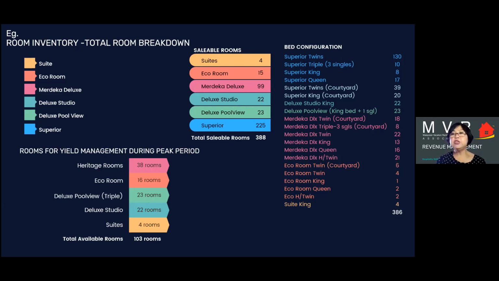Bed configuration is very important, whether it's a twin, triple, king, queen, so that I know how to assign the room. And for management purposes during peak period, I'll pick up those rooms that I can sell higher, that have an impact on the profit, and the last to sell. So you have strategies for yield management.